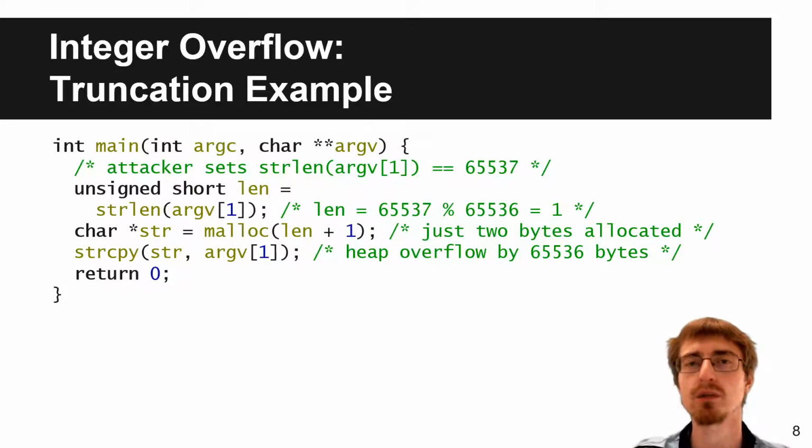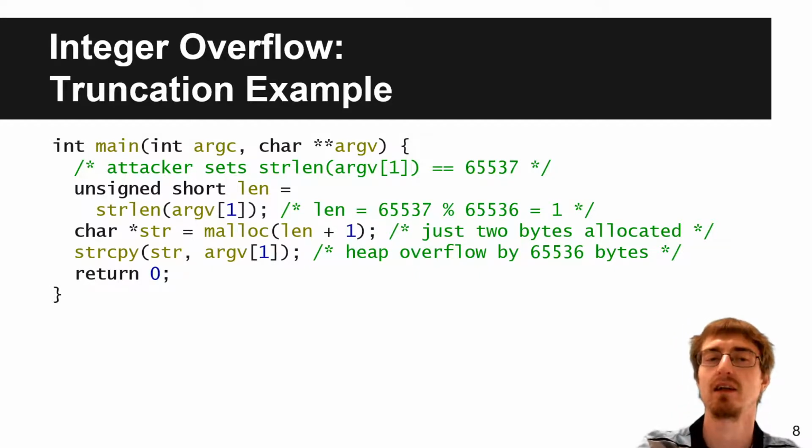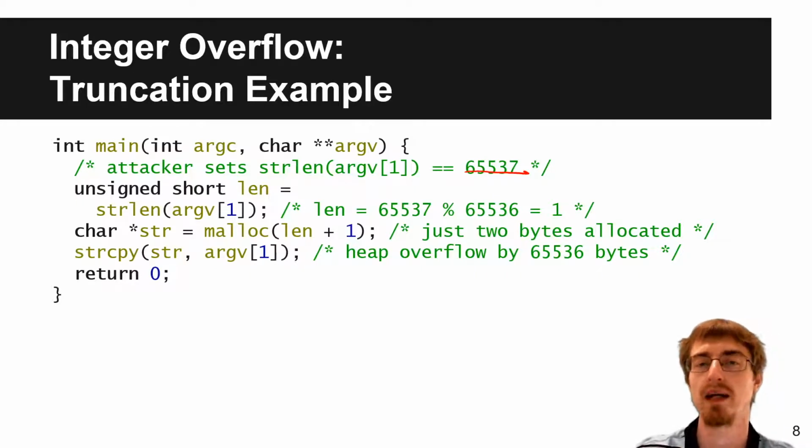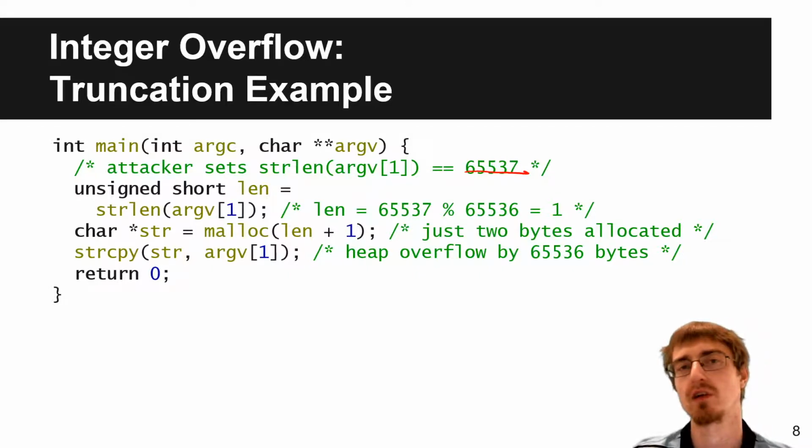So to make matters more concrete, let's say that the attacker sends a string of length 65,537 bytes. Now this happens to be 2 to the power 16 plus 1. What a coincidence. What happens here? Well, as I said, you essentially get modular arithmetic.